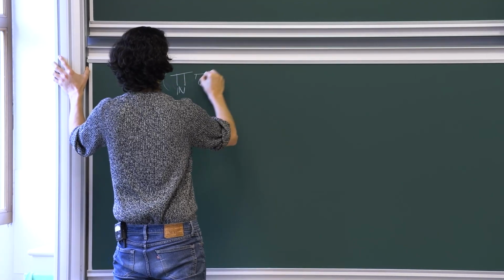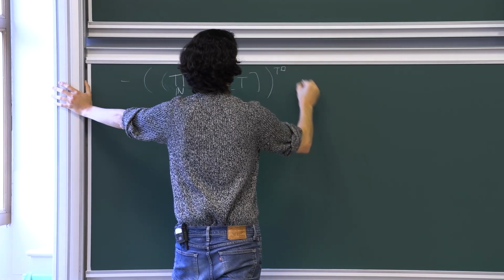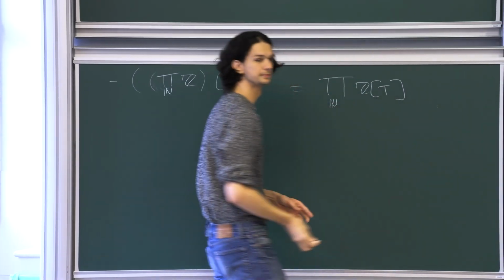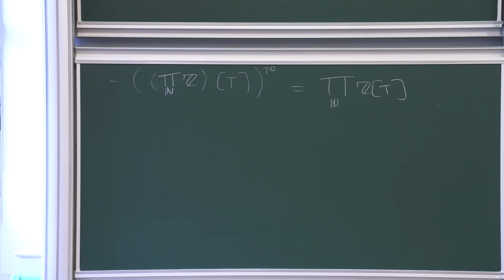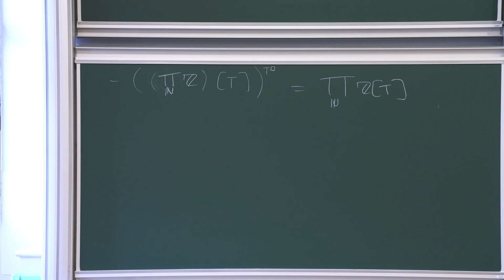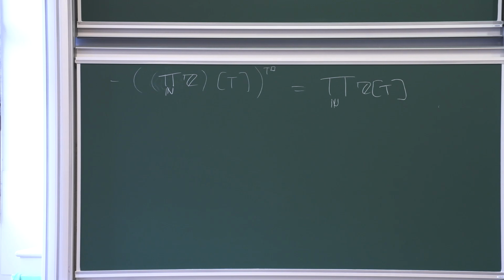So if you take a product of copies of Z, you base change it to Z bracket T, and then you solidify, you get a product of copies of Z bracket T.